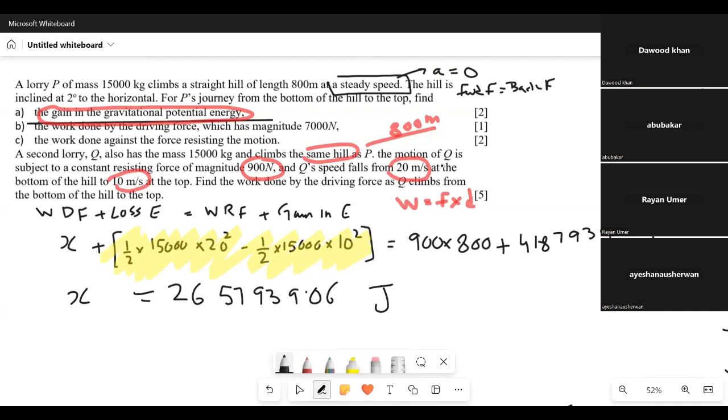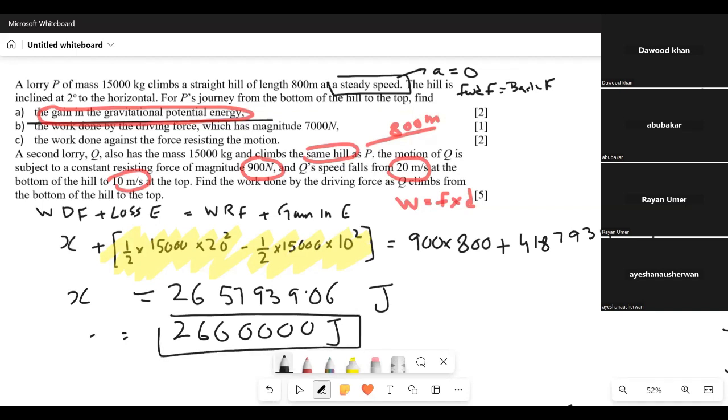Rounded off to 3 significant figures because the answer is not exact. So 266 and then 1, 2, 3, 4 zeros. Okay, that is the answer.